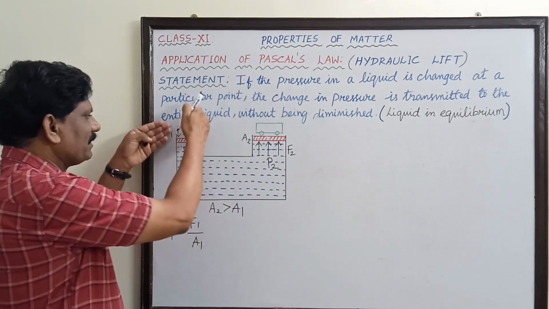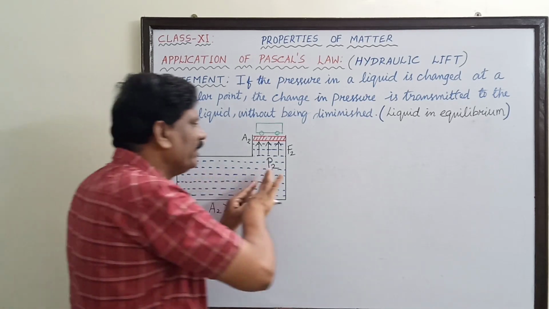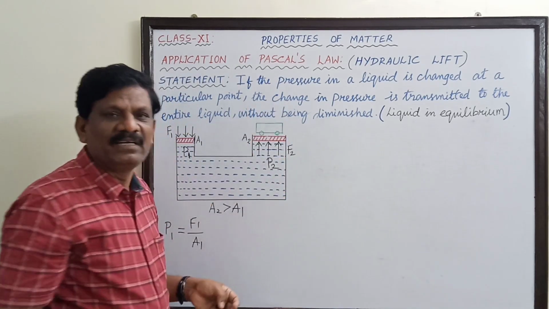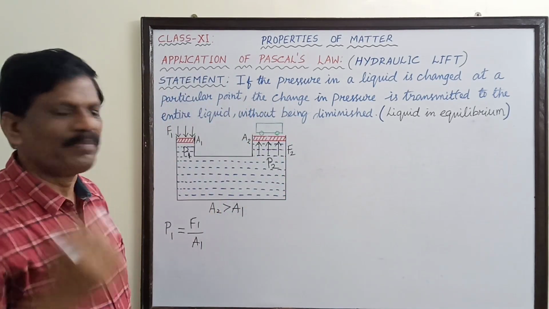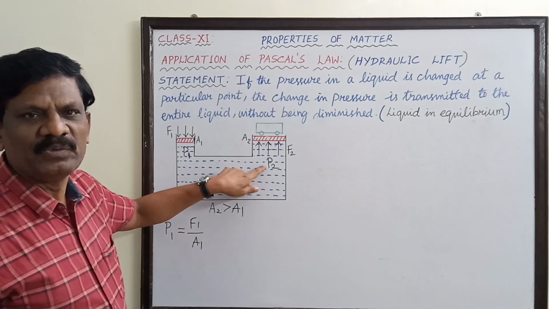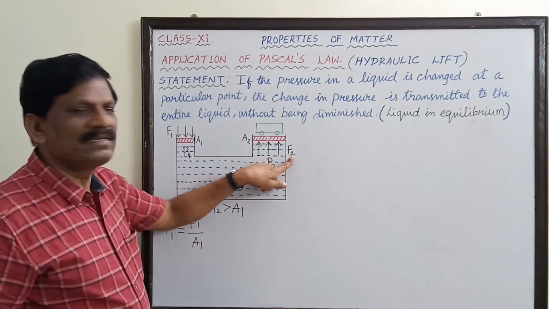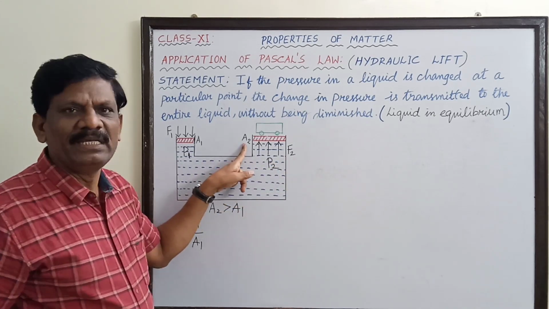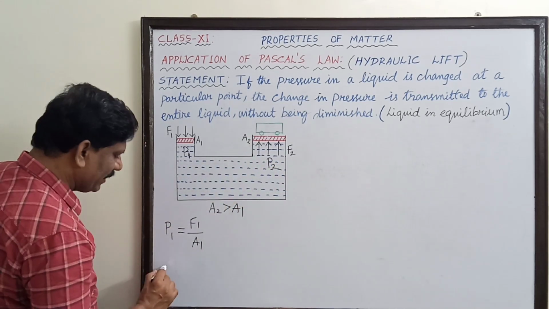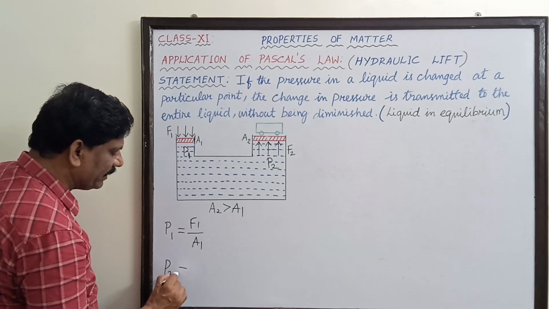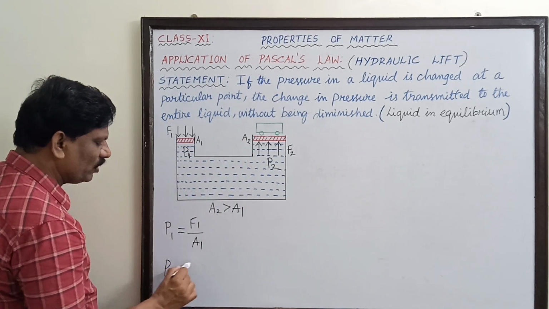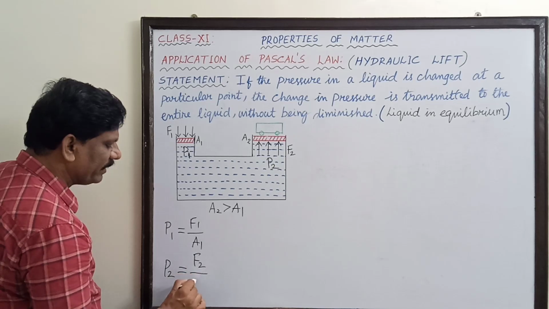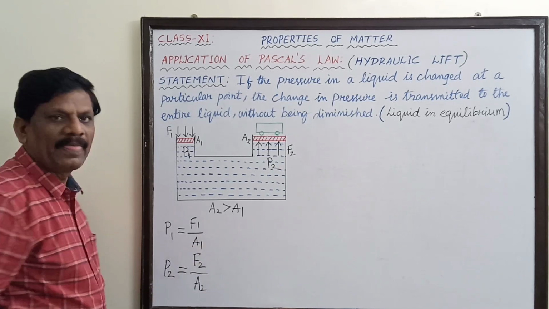So when we press this piston, the water will be pushing the right side piston upward. The pressure it exerts is P2 and the force exerted is F2. So P2 must be equal to F2 divided by A2.